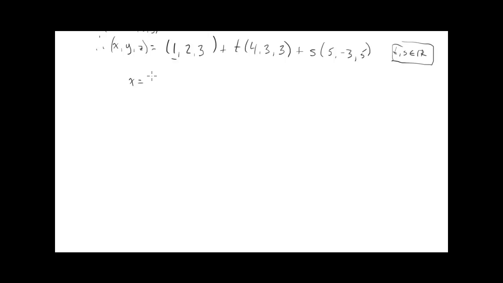So x is equal to 1 plus 4t plus 5s. y is equal to 2 plus 3t minus 3s, and z is equal to 3 plus 3t plus 5s. And then again, t and s are real numbers.